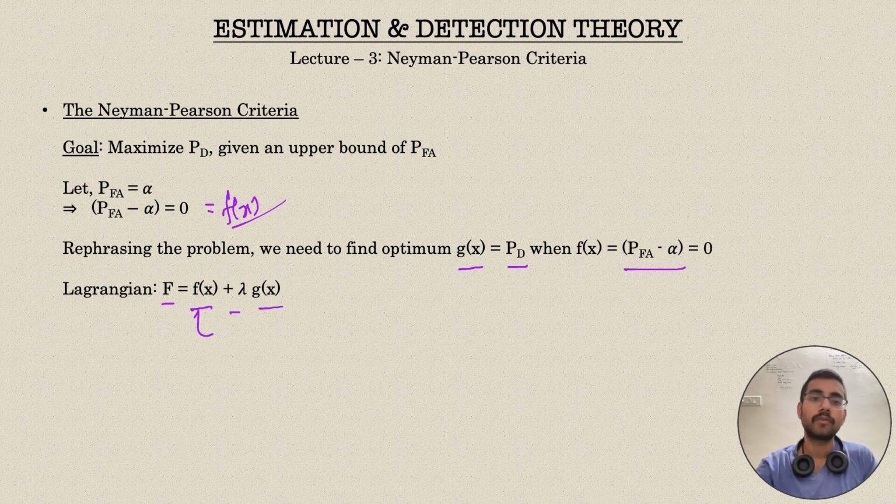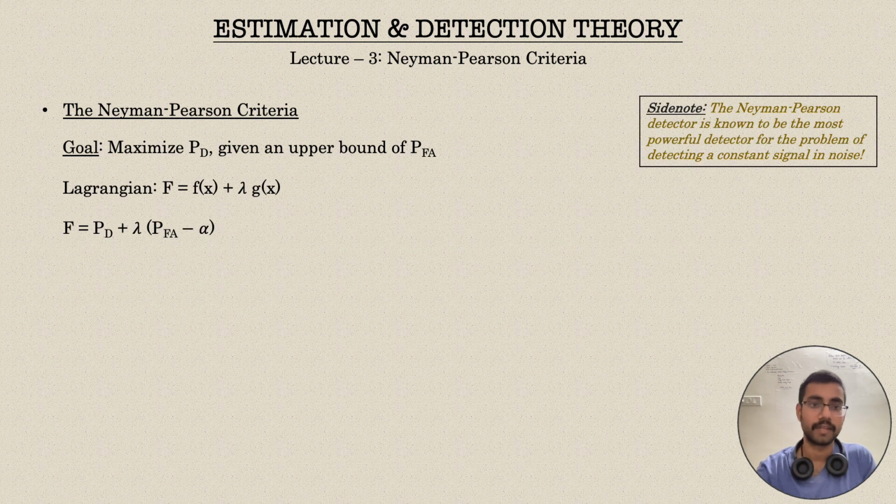Now we just want to rewrite this f of x and g of x in terms of PD and PF. This is what it is, because f of x was PFA minus alpha, and we have the PD here. Now let's try to rewrite it in the integral expression. So PD, that is under region R1, we detect when the signal was sent.